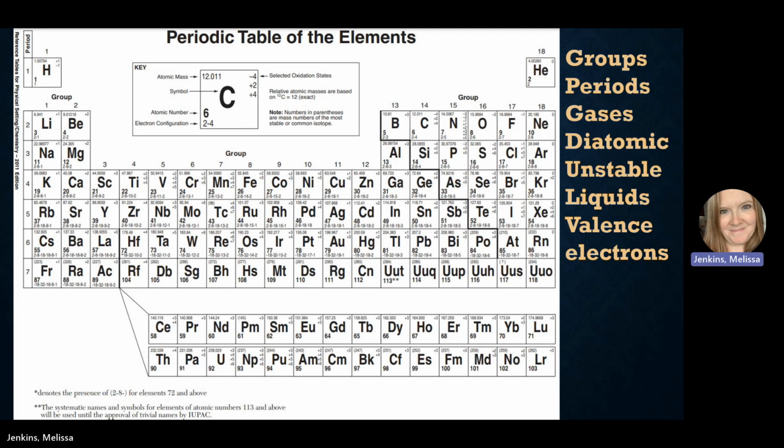What are the only 2 elements on the periodic table that are liquids, basically at room temperature? Mercury is 1. That's the only metal. The other one is a non-metal. It's a halogen.